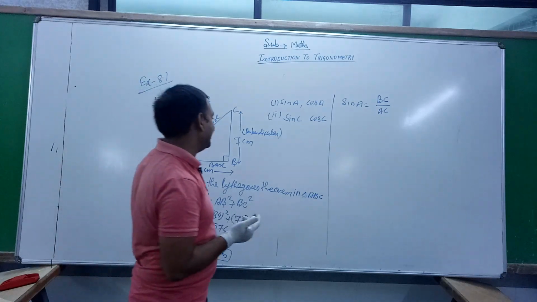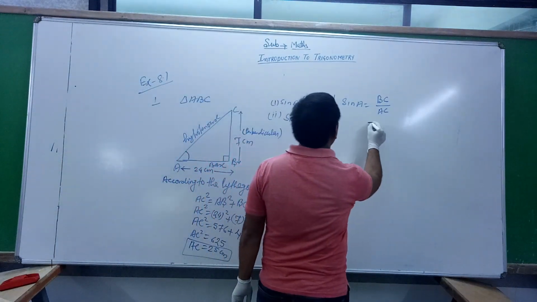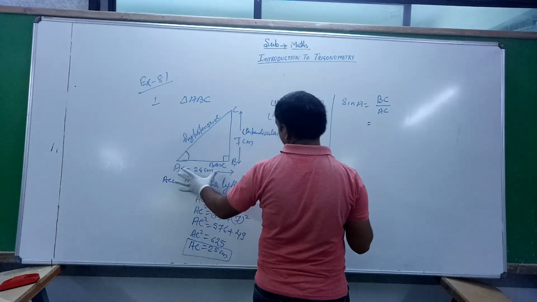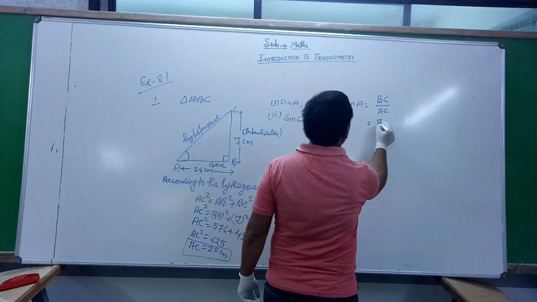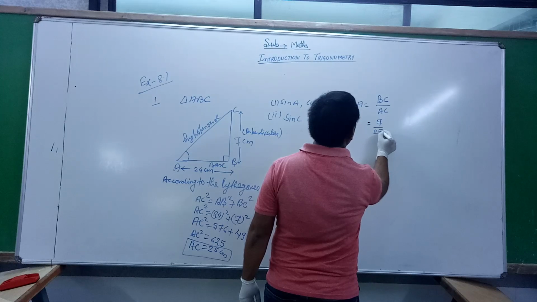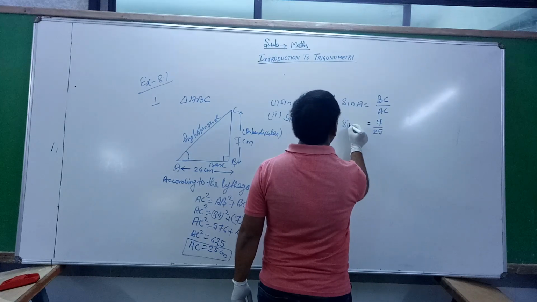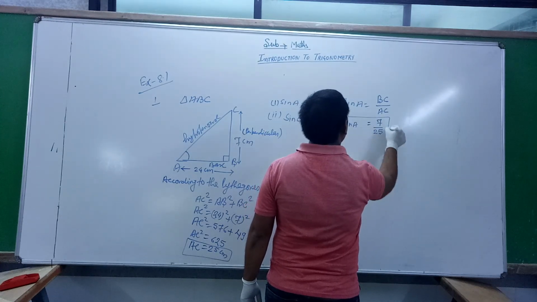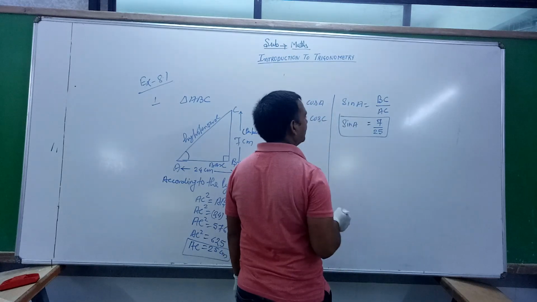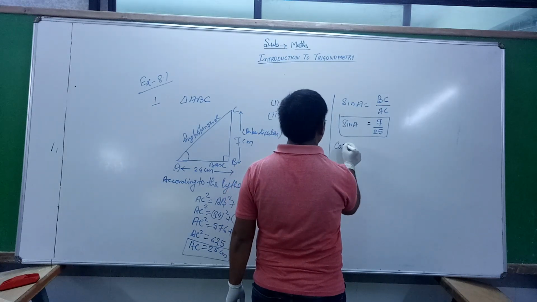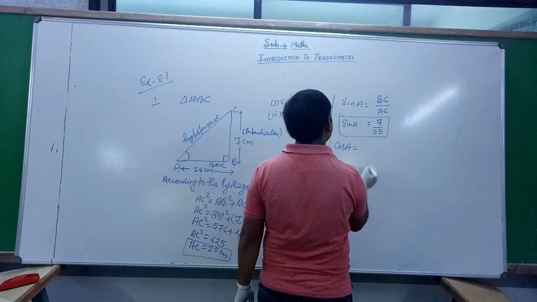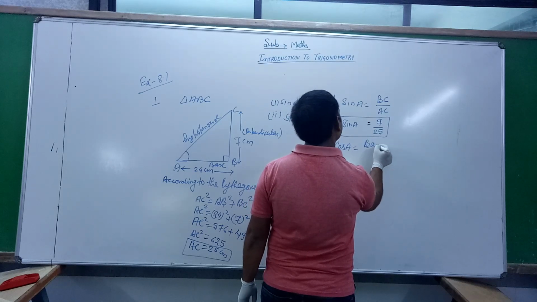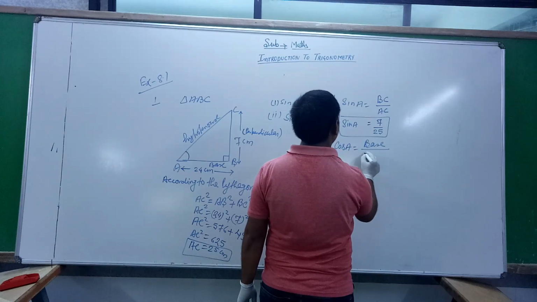The value of BC is given, this is 7, and the value of hypotenuse is 25. So sine A is equal to 7 upon 25. After that cos A is equal to base upon hypotenuse.